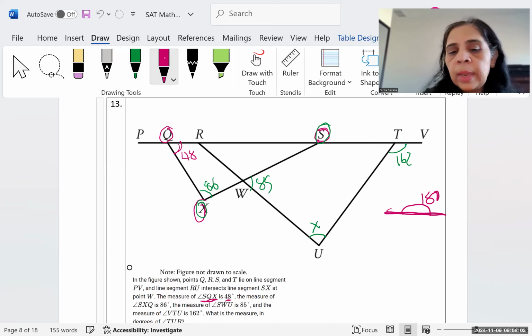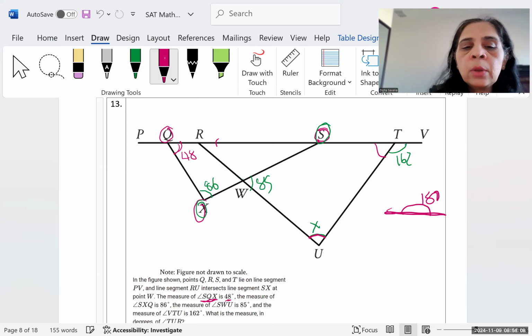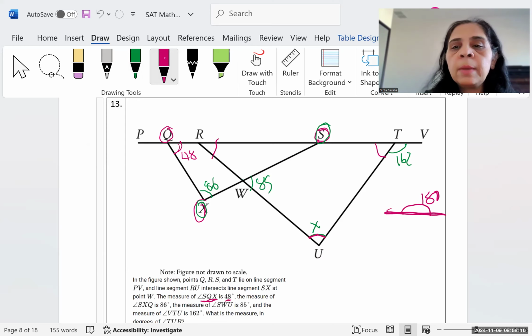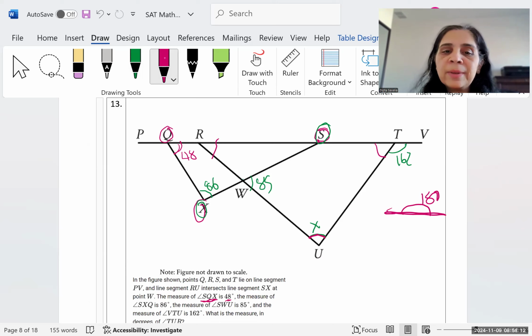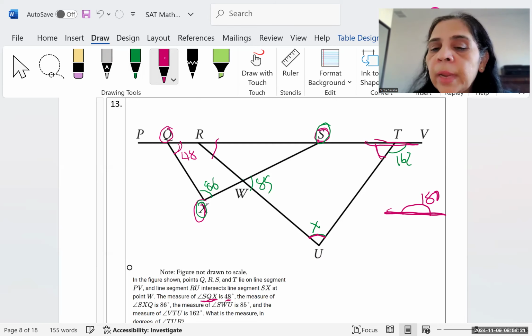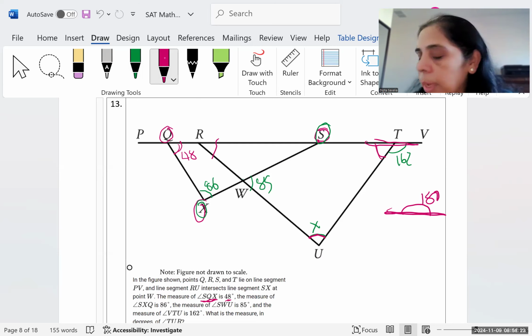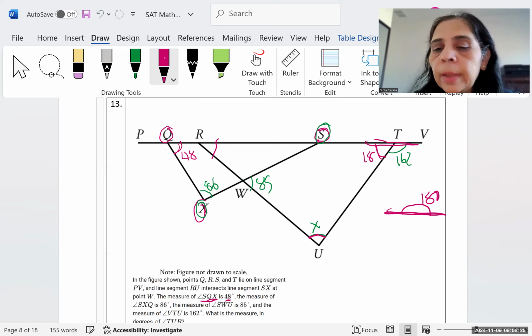We are looking for this angle, and if we have these two angles, we can find it easily, because the sum of the angles of a triangle is 180. So we have a straight line right here, and we can find this angle: 180 minus 162 is 18.